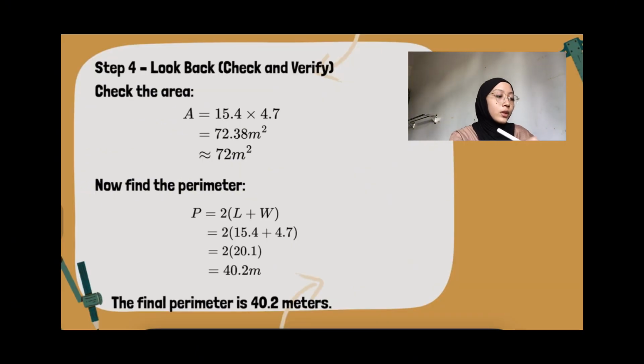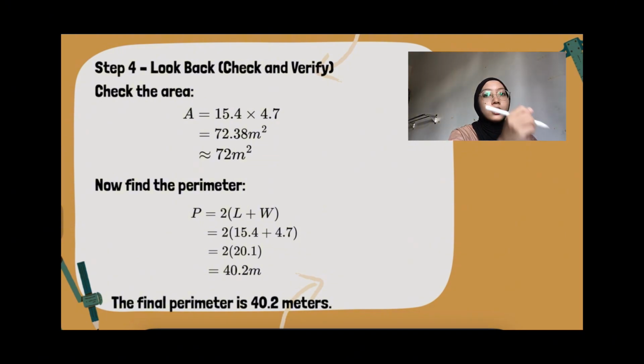And next step, look back and check, verify. Area equals 15.4 times 4.7 equals 72.38 square meters, which is approximately 72 square meters.